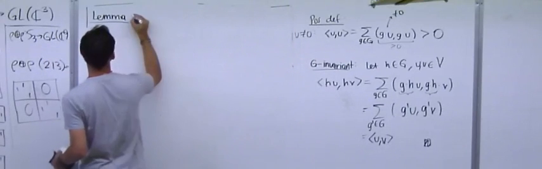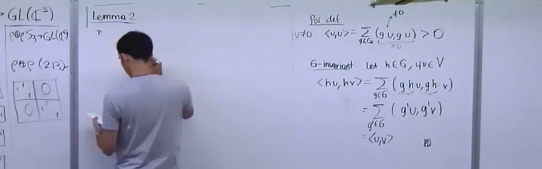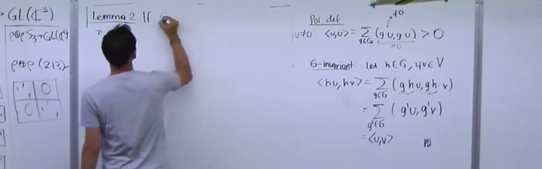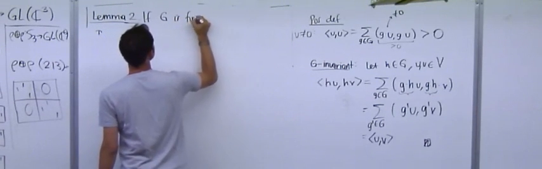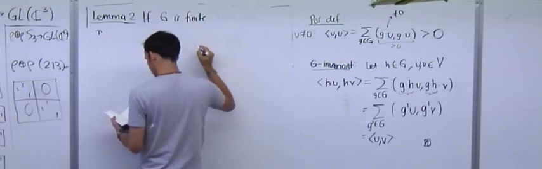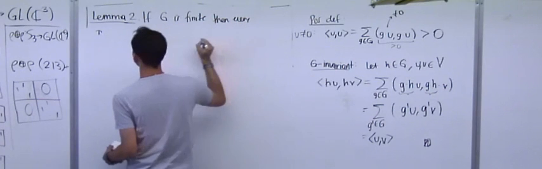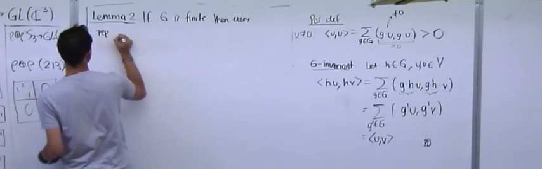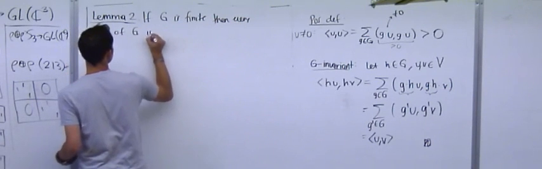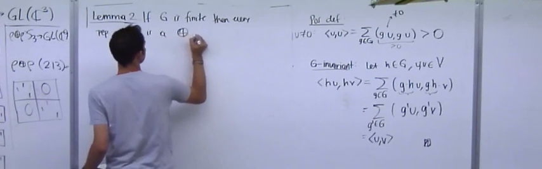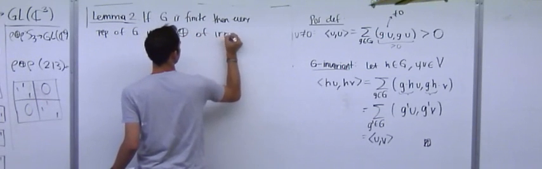Lemma 2. If G is finite, then every representation of G is a direct sum of irreducible representations.